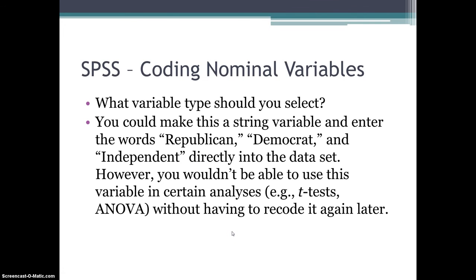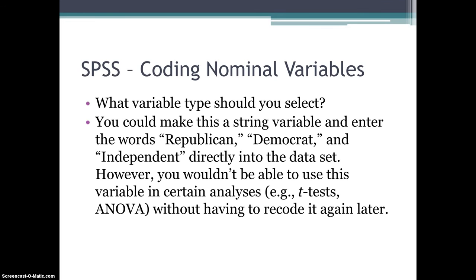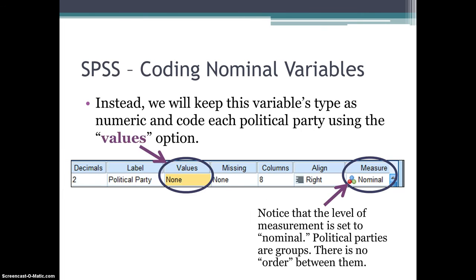So you have to recode it later. It's better to make it a numeric variable and then code it so you can use it in other analyses. So we're going to keep the variable type as numeric, and then you'll have it set to nominal, right? Because they're just groups. There's no order to the political parties.